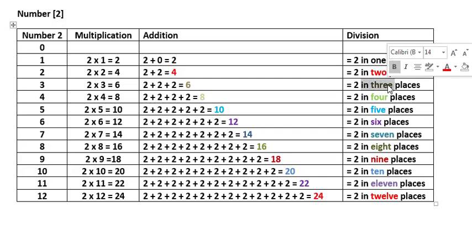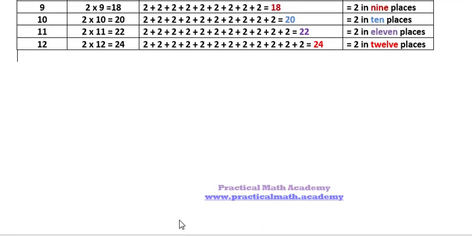And this is how you see the pattern played out, so that when you want to memorize the multiplication, it will really help you to see that you can do addition and division as you go along. We continue to build on this concept in our conversation.